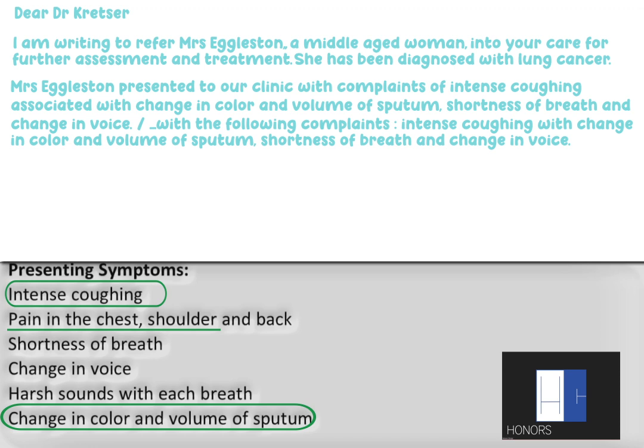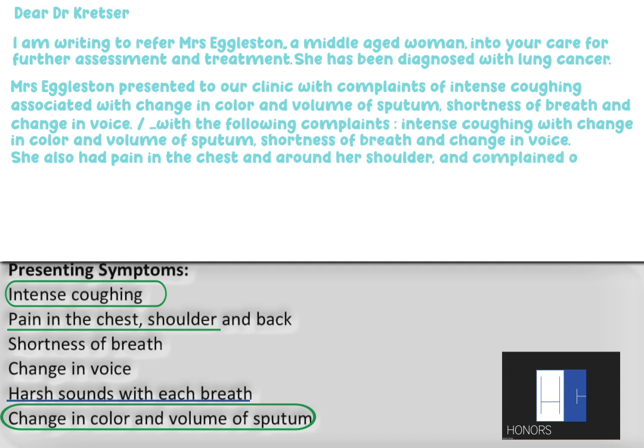Pain in the chest, that's correct, but pain in the shoulder, that's not correct. Right? So pain in the chest and over the shoulder. No, and around her shoulder. Around her shoulder. Right, after that, we can put a comma and write and complained of harsh sounds in each breath.